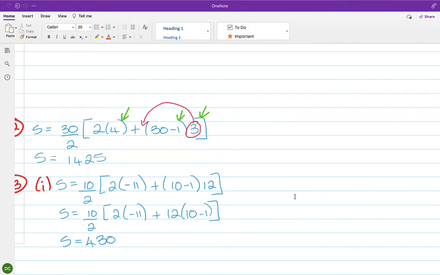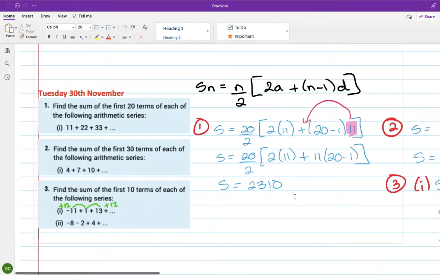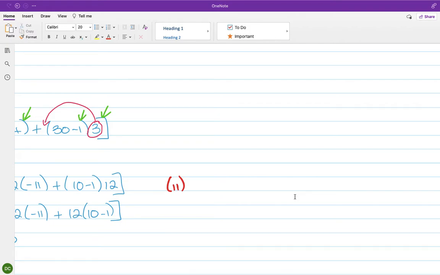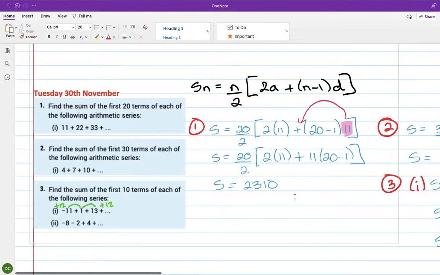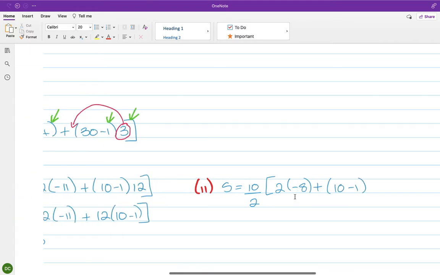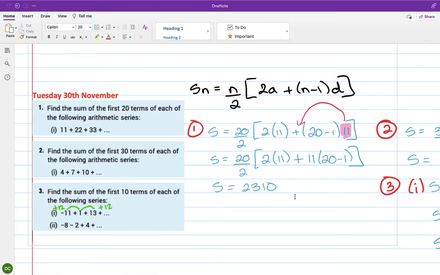And then part two on that same question is still 10 terms. So it's going to be S equals 10 over 2, square bracket, 2 times first term here is minus 8, plus, still 10 minus 1, and the common difference.